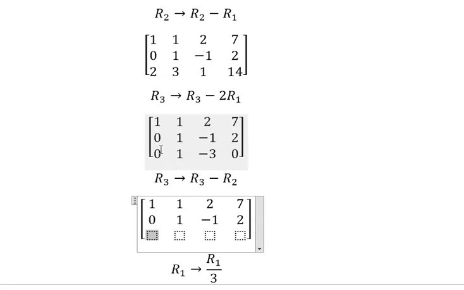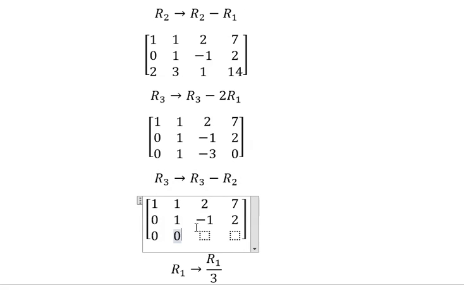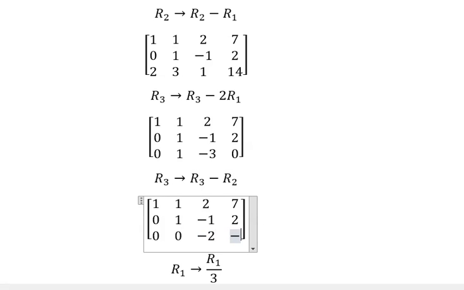So 0 minus 0 is still 0. 1 minus 1 is 0. Almost made the same mistake again. And negative 3 minus 1 is the same as negative 3 plus 1... sorry, negative 3 minus 1 is negative 4? No wait, as written here, that's going to become negative 2. And then 0 minus 2 is minus 2.